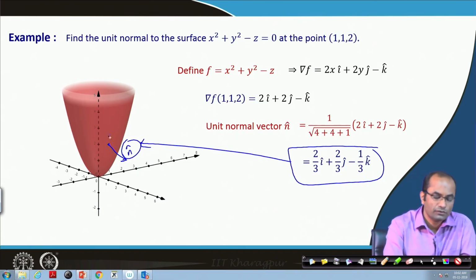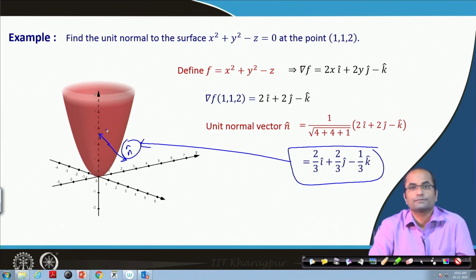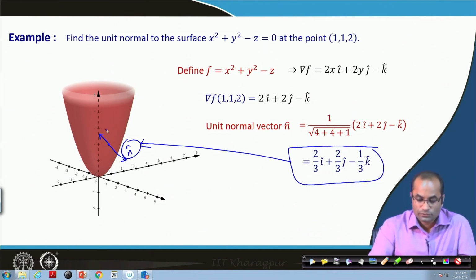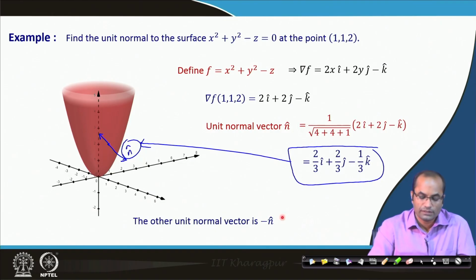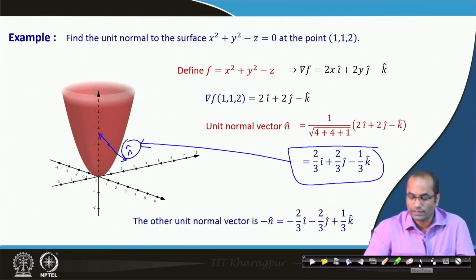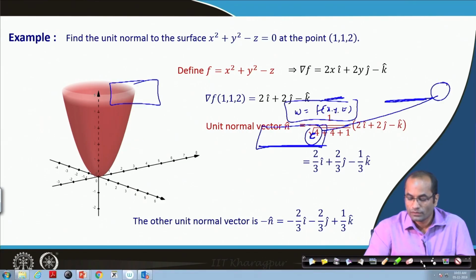There will be another normal which will be in the inner direction of this figure. We can get both the normals by just computing this del f. One will be pointing in the outward direction, the other one in the inward direction. So, the other normal vector can be given by minus n.